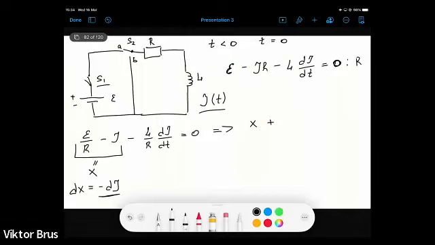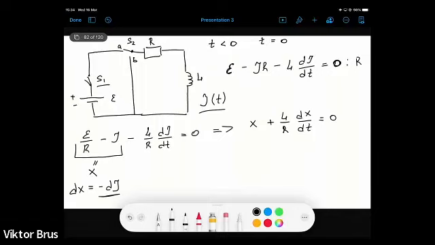So it will be plus L over R times dx over dt, and this is equal to 0.